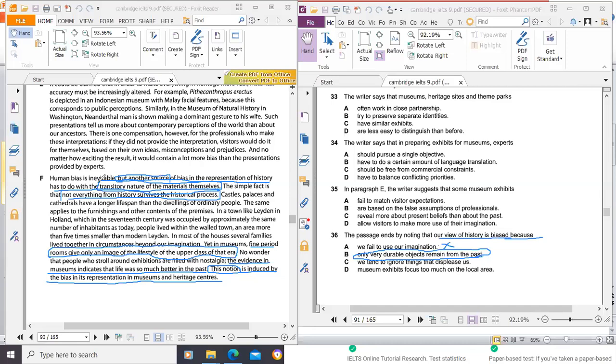This is because of another source of that bias, the transitory nature of the materials themselves. What is that thing? Not everything in history survives the historical process.